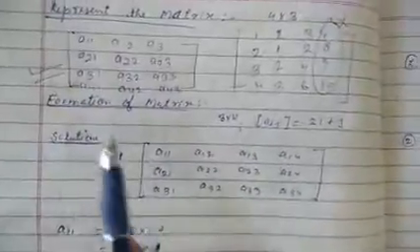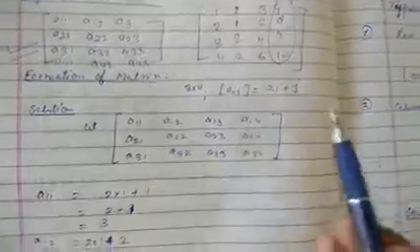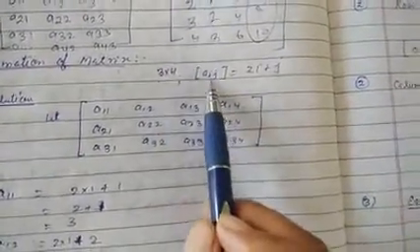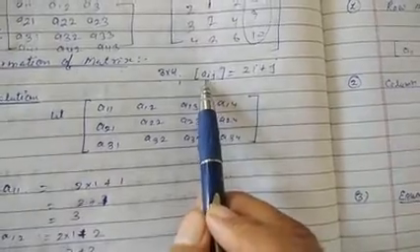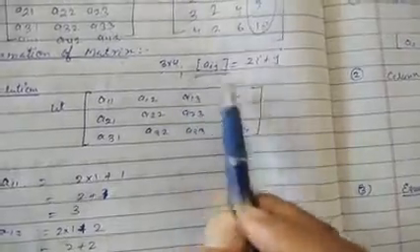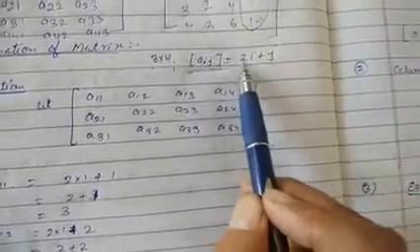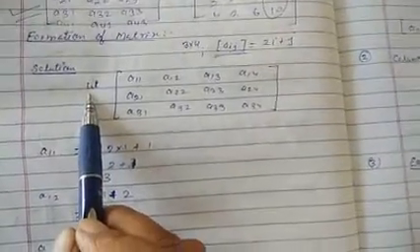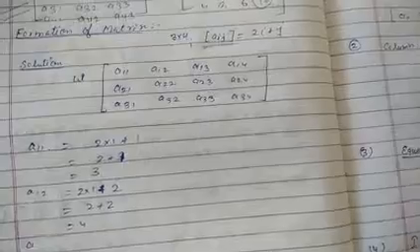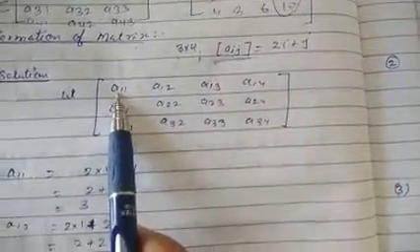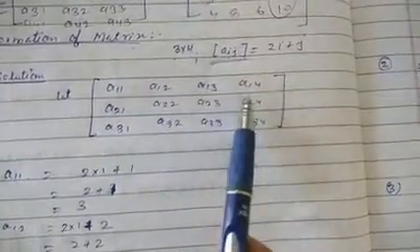So see the formation of the matrix. Here the condition is given: 3 by 4 and Aij, where i is the row and j is the column. The condition given to you is 2i plus j. So here, in this case of 3 by 4, we just mention A11, A12, A13, A14.